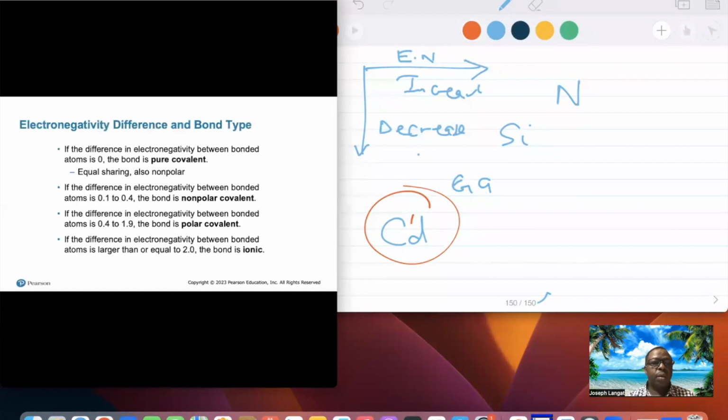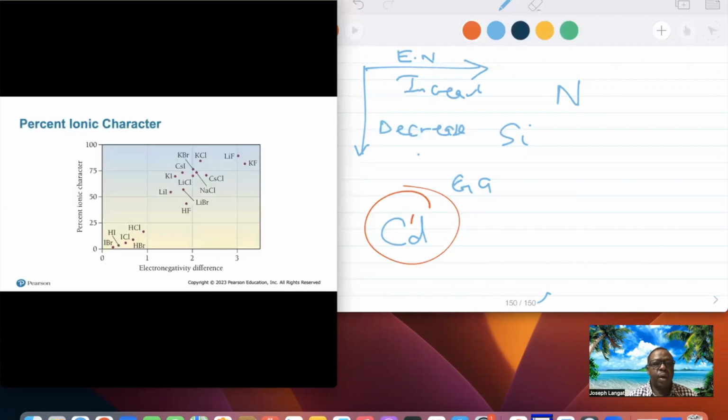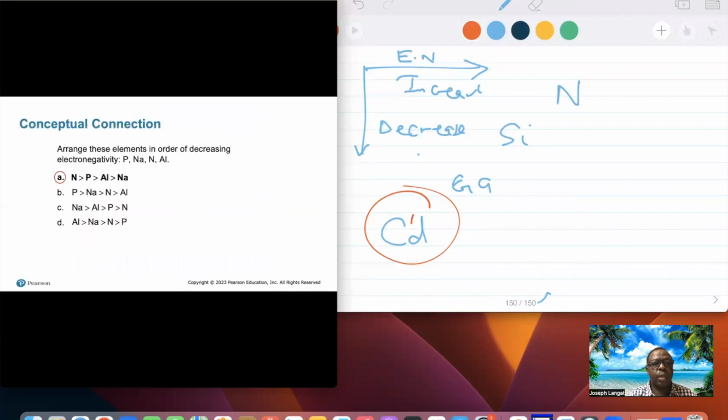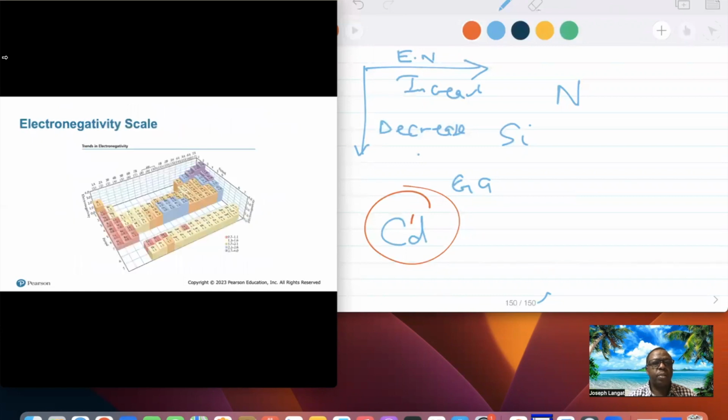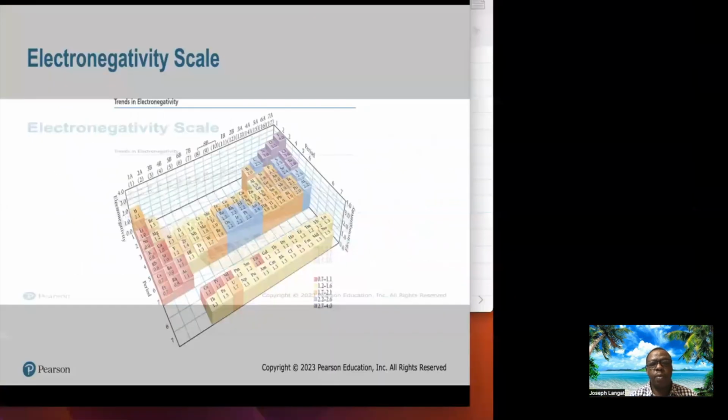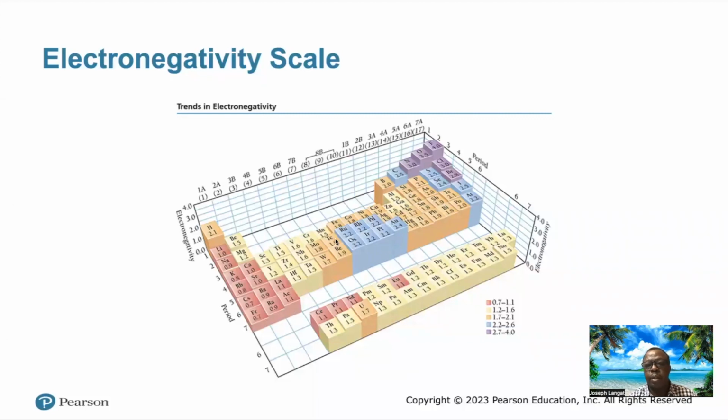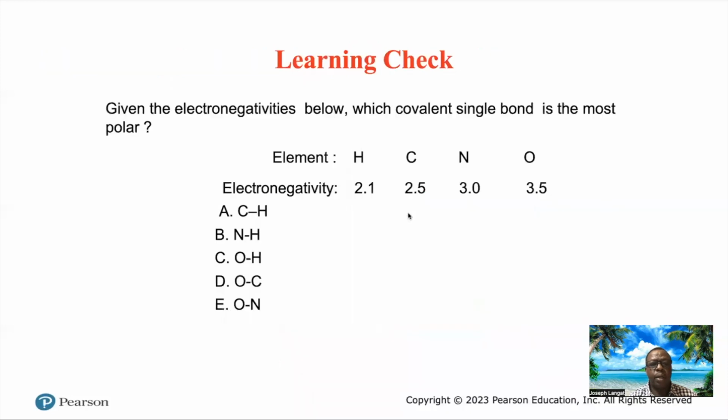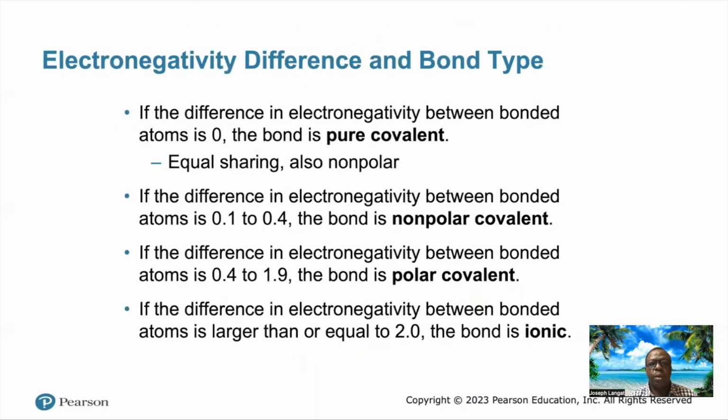So let's see electronegativity difference and the type of bond. The values I gave you earlier, the values you see here, will be given for each element to use to determine whether the bond is pure covalent, non-polar, polar covalent, or ionic.